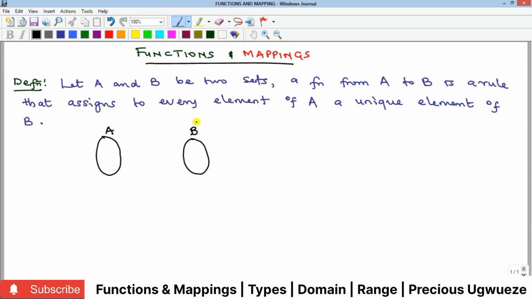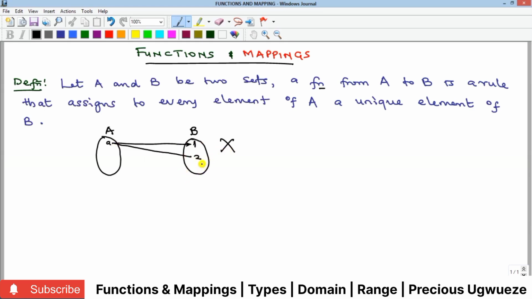Okay, so now we say that a function from the set A to another set B is a rule that shows us how to assign every element of A a unique element of B. So the first thing to note about a function is that every element of A must have a unique element in B. So an element of A can only be mapped to one element in B. If it is mapped to two elements in B, then this is not a function.